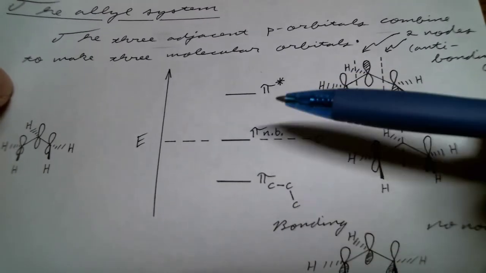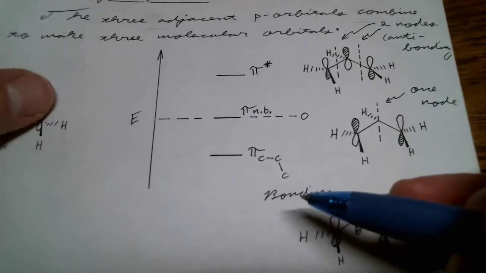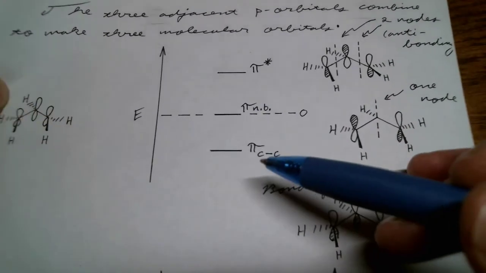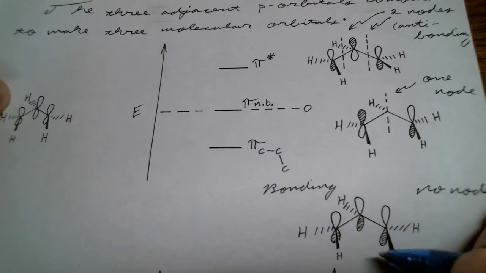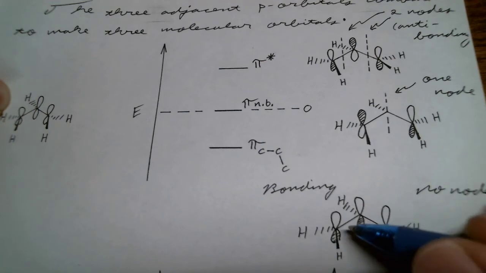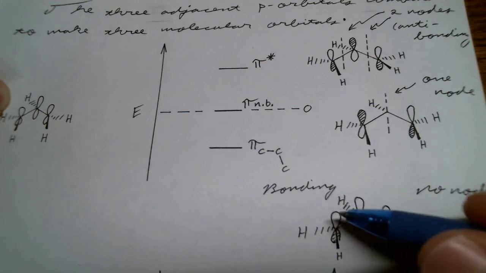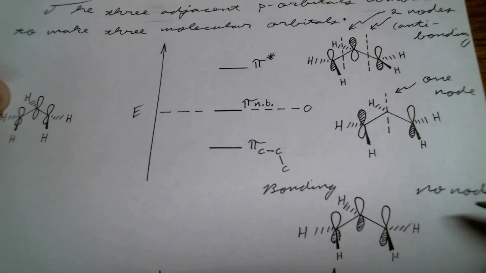Well, we'll do so in this linear way, right? Our lowest energy combination of those 3 orbitals is one such that all the lobes on one side of the plane of the molecule have the same phase, and then all the lobes on the other side of the plane of that molecule have the same phase.